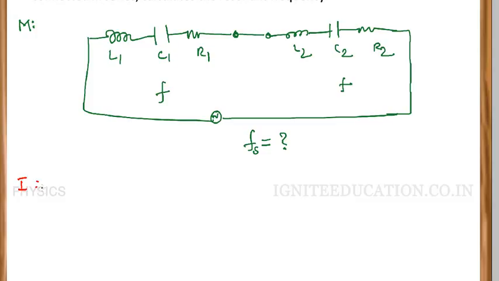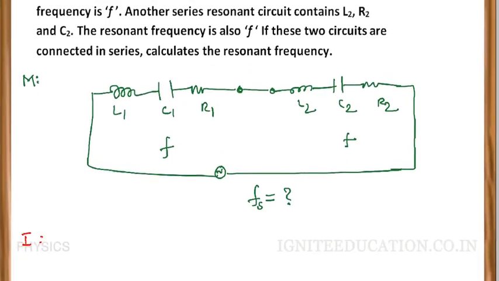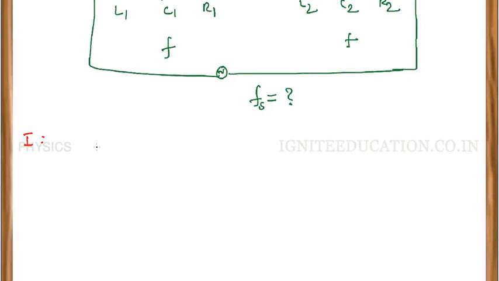These are not numericals, all are expressions only. So I am just mentioning the expressions L1, C1 and R1 with the resonating frequency F, L2, C2, R2 with resonating frequency F. Those are the given quantities.